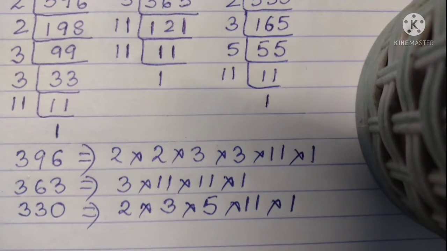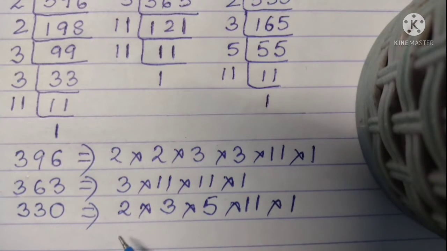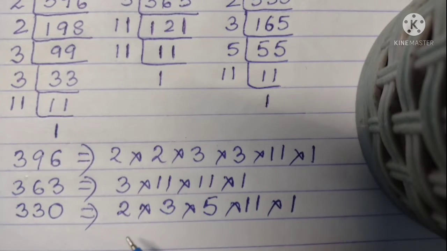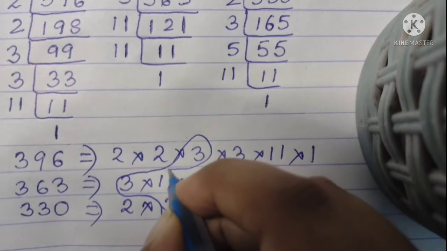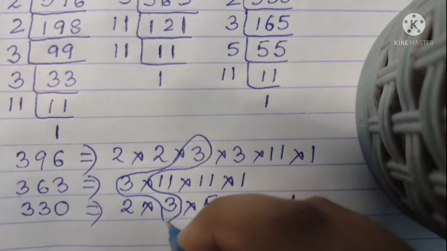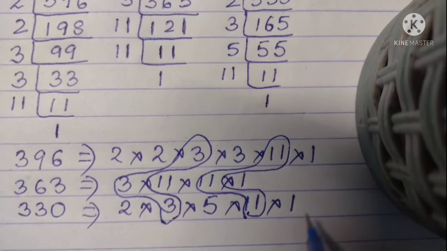Now, which numbers are common? 2 is not common. 3 is common. 11 is also common. 1 is also common.